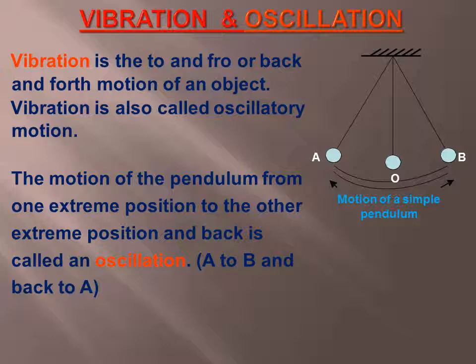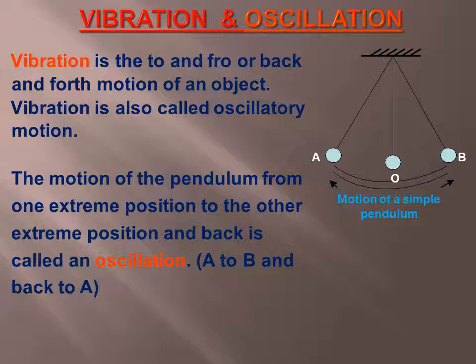as a string of a guitar. If we just touch the string, that is, if we make it vibrate, it vibrates like a pendulum. That means from point A to point O, then B, and back again.